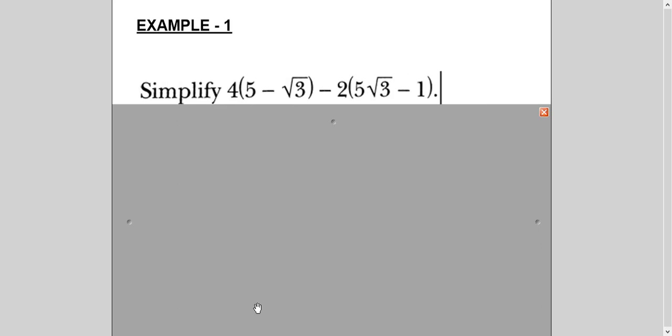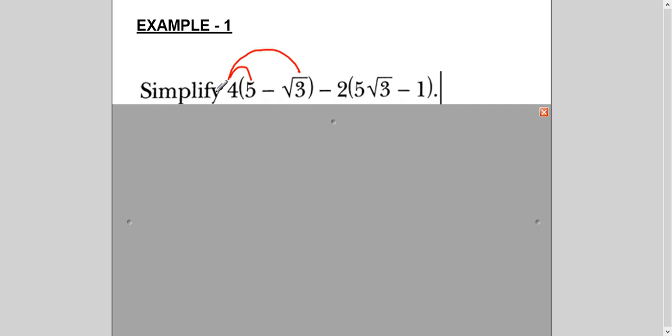Now we need to know 2 things basically in surds. Number 1 is simplification of them. I've taken one example here, and before I show you the solution, I would like you to think mentally, because we visualize things. This is something related to basic algebra expansion. So what you will do here is multiply 4 by 5.